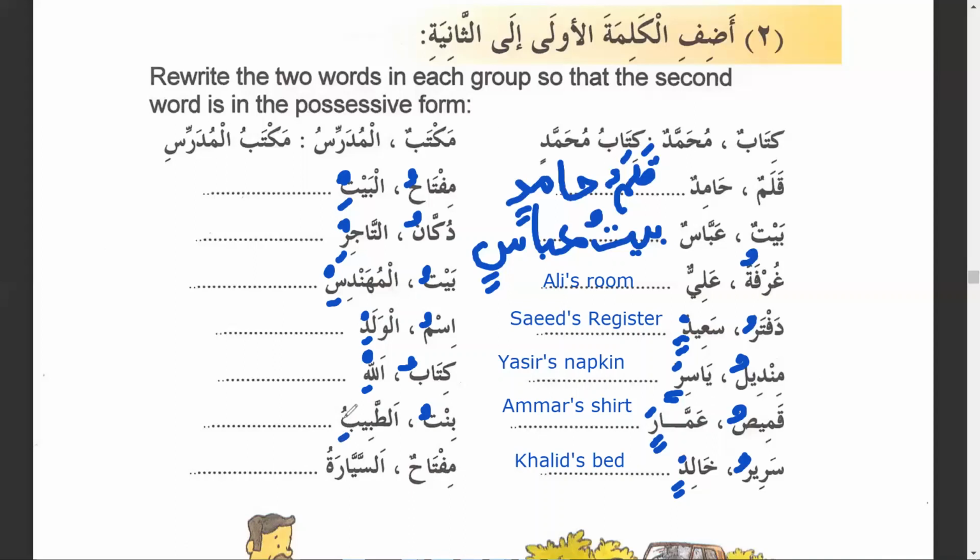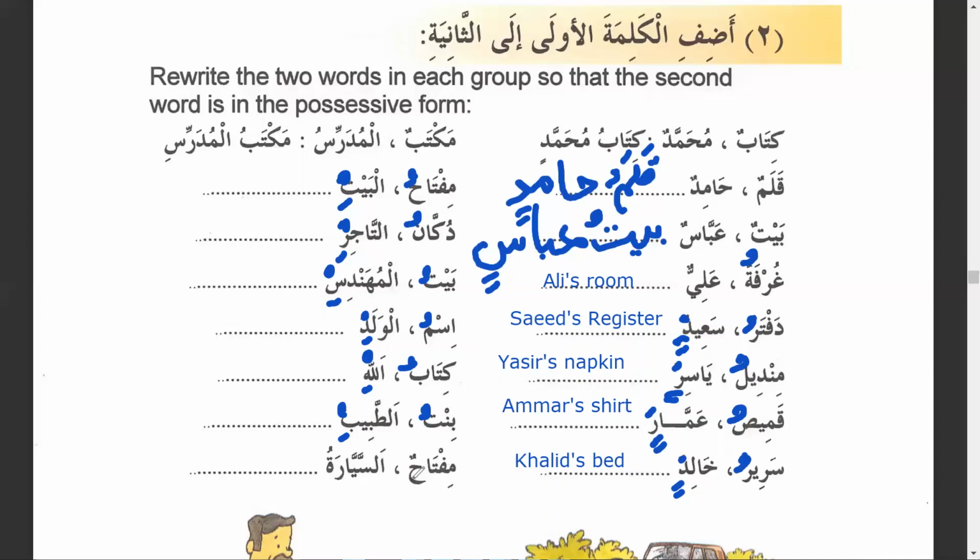Bintu At-Tabibi. Excellent. Bintut Tabibi. Why am I directly connecting Ta with Ta? Because Ta is which kind of letter? Like the sun. Yes, solar letter. Dukanut tajiri, Ta is again a solar letter.